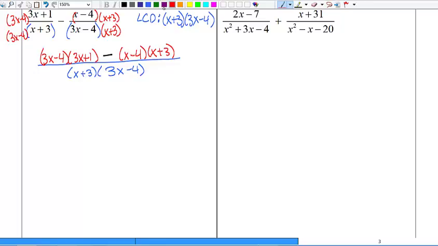Now I'm going to take some time to distribute out both of those numerator products. So that gives me 9x squared plus 3x minus 12x minus 4. Because there's a minus here, you need to keep the second product in parentheses until you distribute your negative.